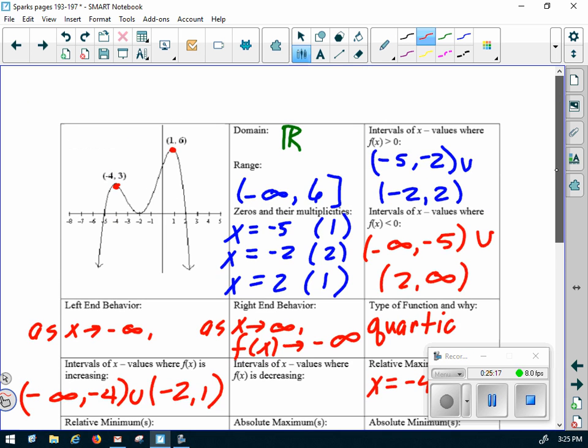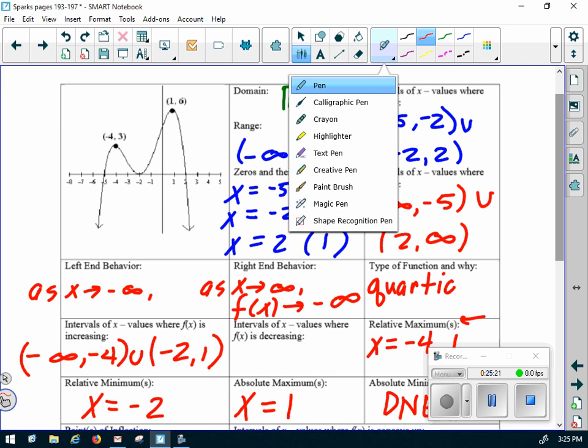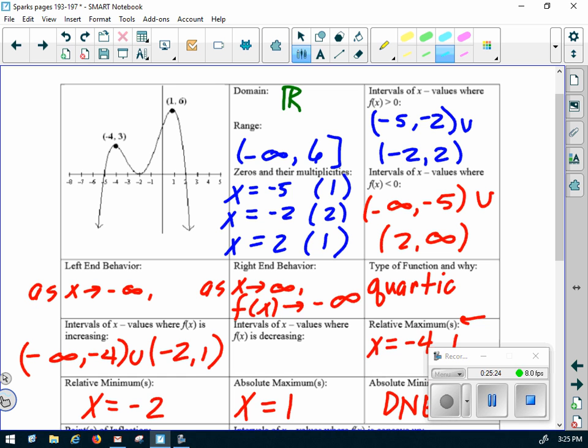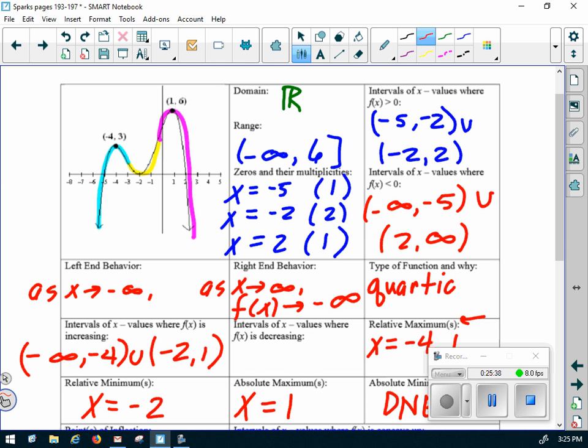Go to points of inflection. Use your highlighter, outline your concavity changes. So your graph goes from concave down to concave up to concave down.